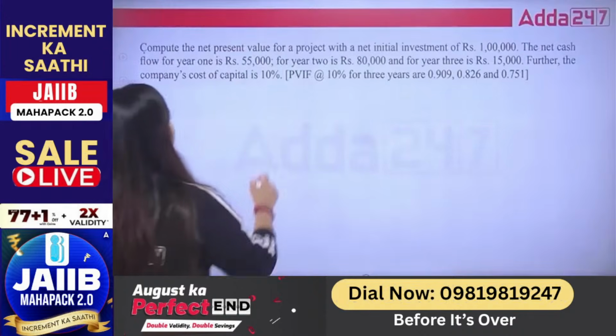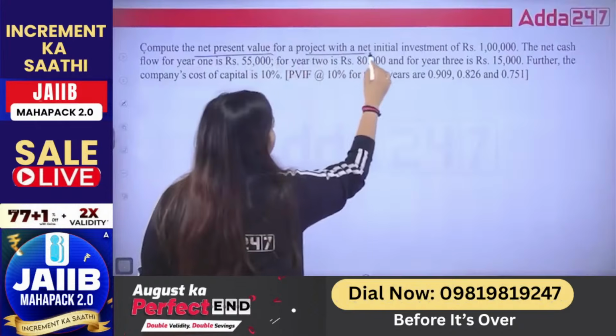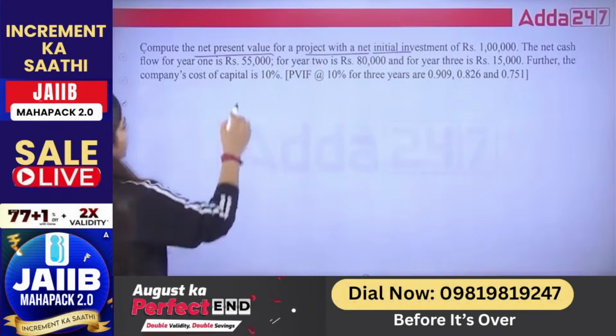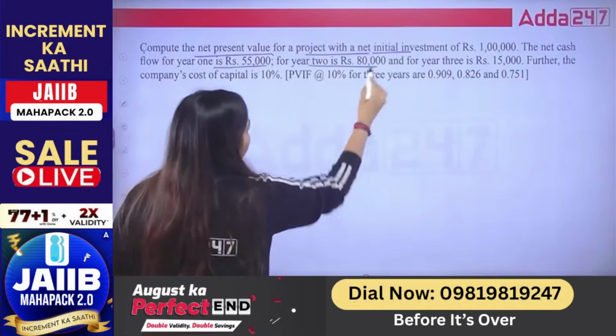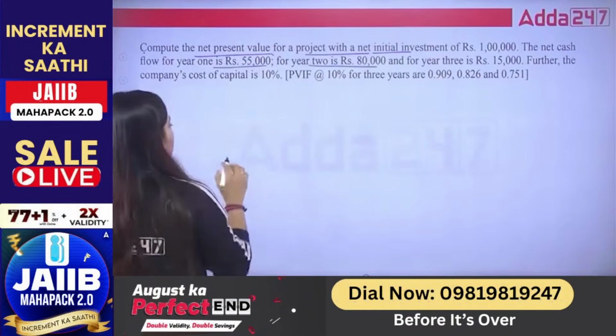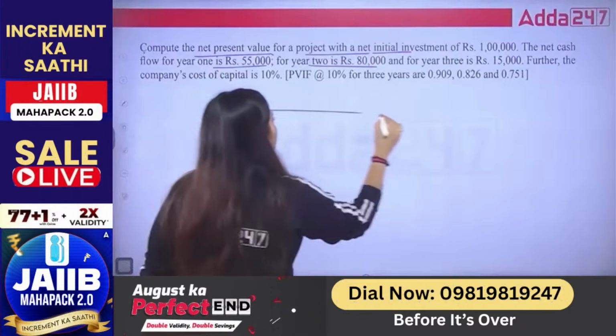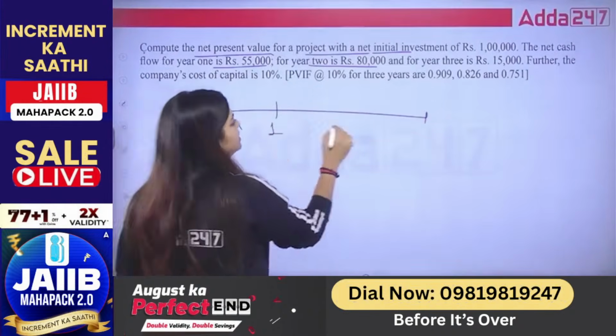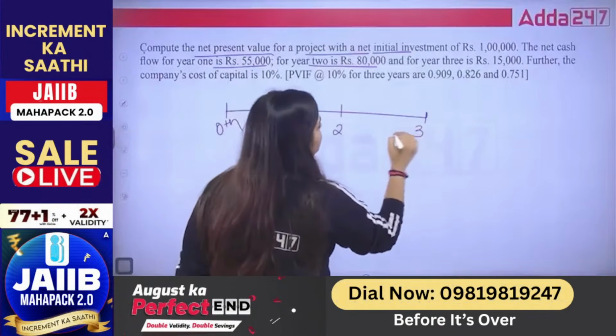Compute the NPV for a project with a net initial investment of 1 lakh and the net cash flow for year 1 is 55,000, year 2 is 80,000, and third year 15,000. This is time period 0, first year, second year and this is the third year.